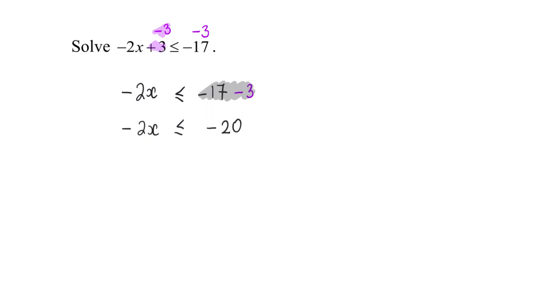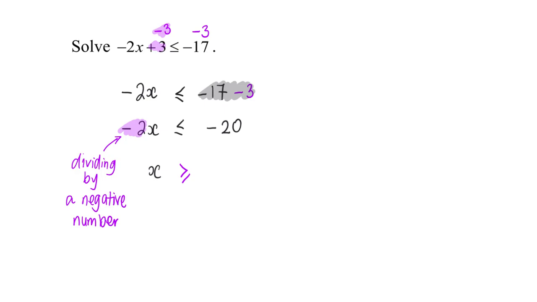The next step though is that I saw that there's a negative 2. I am going to divide by negative 2 on both sides. And when I do that, because I am dividing by a negative number, what do you notice about the inequality sign?